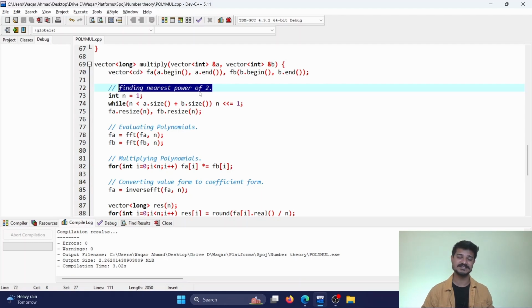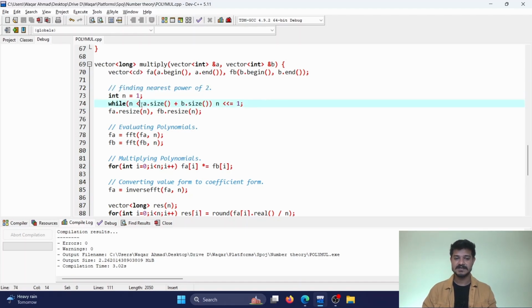That will be our base case, right? So if n is not power of 2, there will be some point where you will be stuck and you won't be able to divide that number by 2. For example, let's say 20 you can divide by 2. 10 divided by 2, 5 you won't be able to divide, right? So you won't be able to divide. That's why when we are implementing FFT, we calculate the nearest power of 2, right?